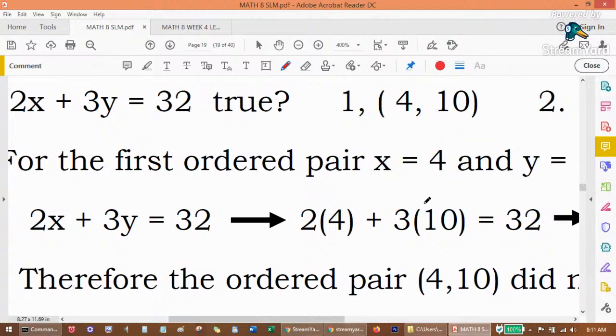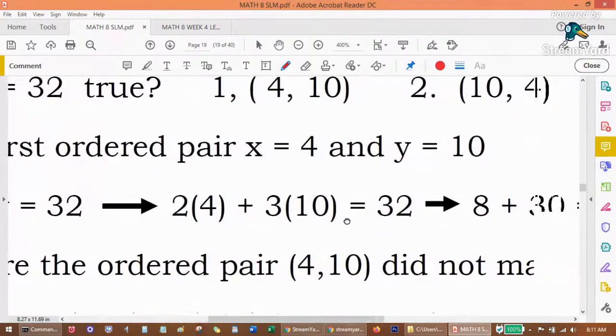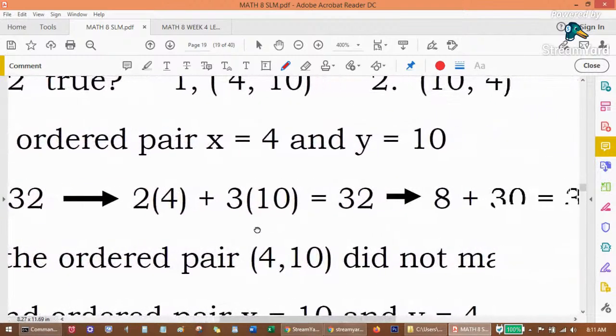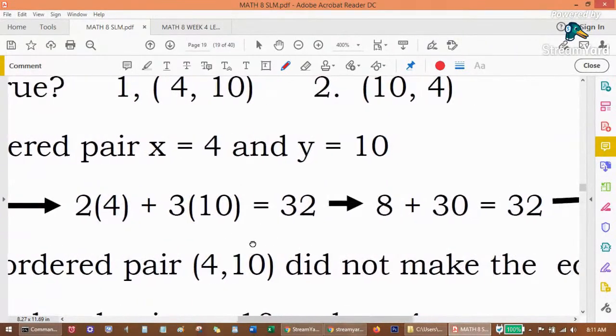So, 3 times. Pinalitan natin tong y ng 10, magiging 3 times 10. After natin palitan yung mga variables ng mga values dito sa ating first ordered pair, we will proceed with computation.